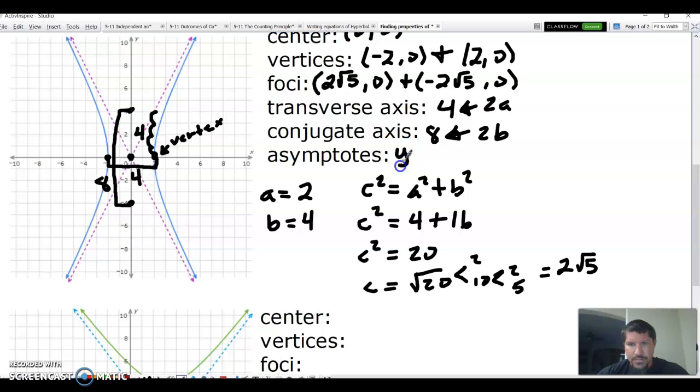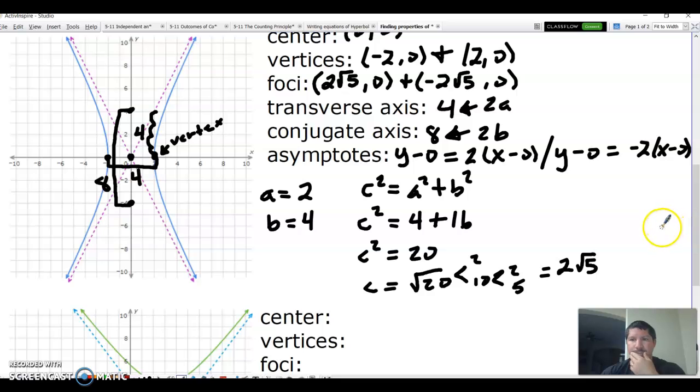Actually, they want you to put it in point slope form. So one of them is y minus 0 equals 2 times x minus 0, remember my center is 0, and the other one is y minus 0 equals negative 2 times x minus 0. Okay, so the slope is b over a.